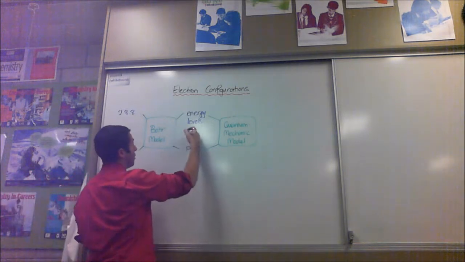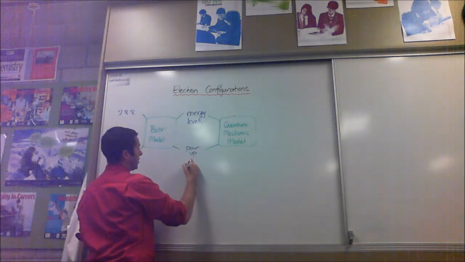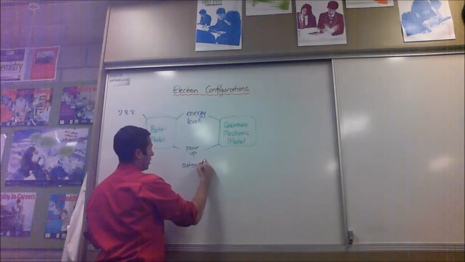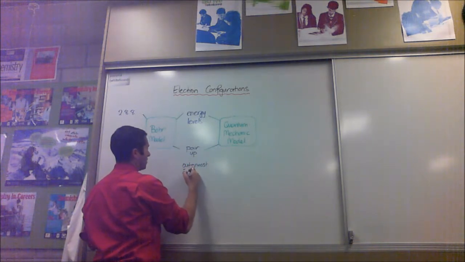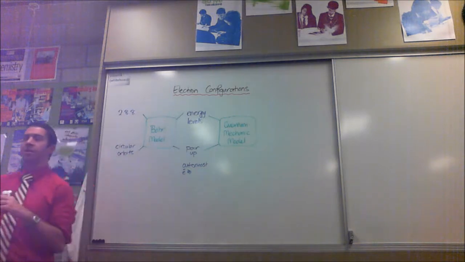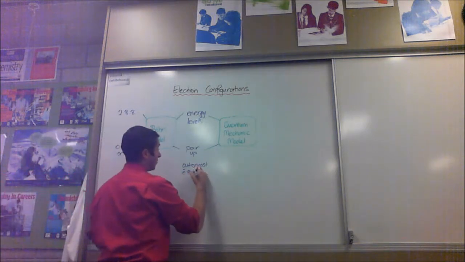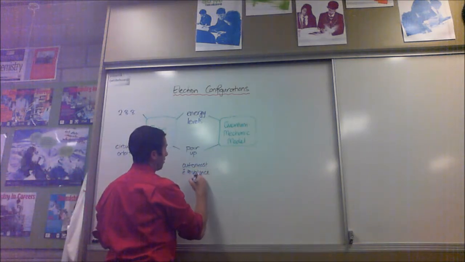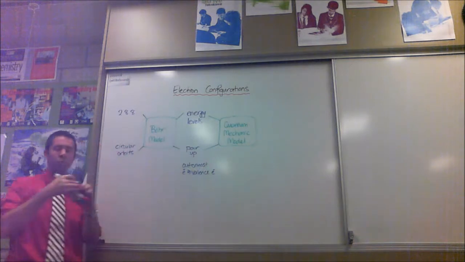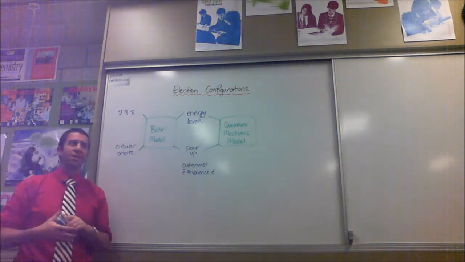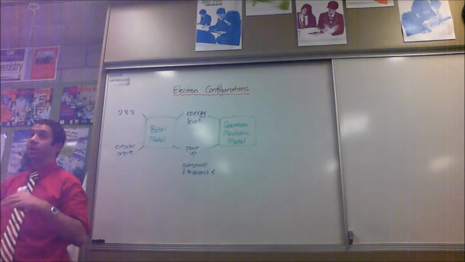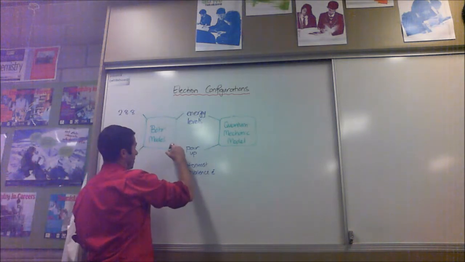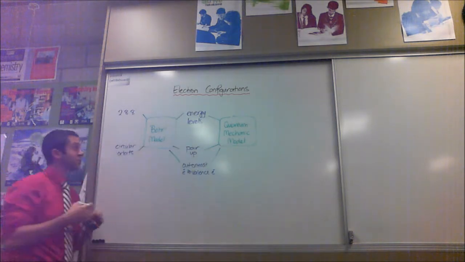The outermost electrons are called what starting with V? Valence. The valence electrons. This is true in both. And this becomes really important when we look at the transition metals because of the way they're arranged. I'll get to that later.